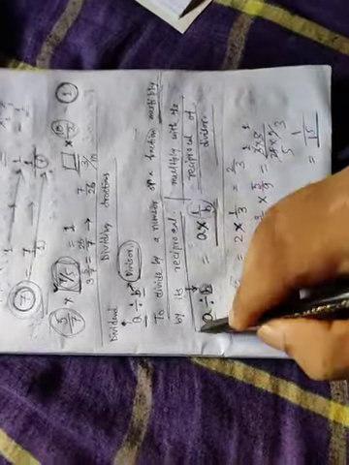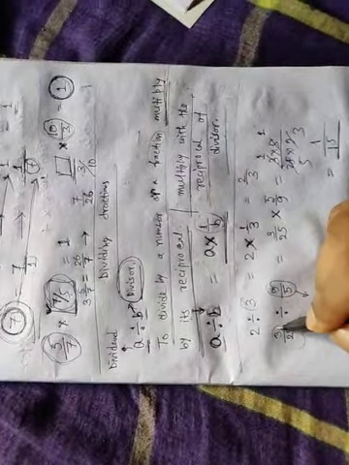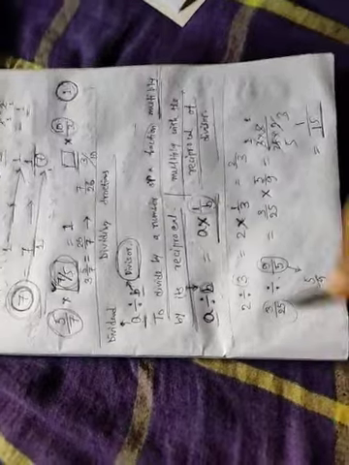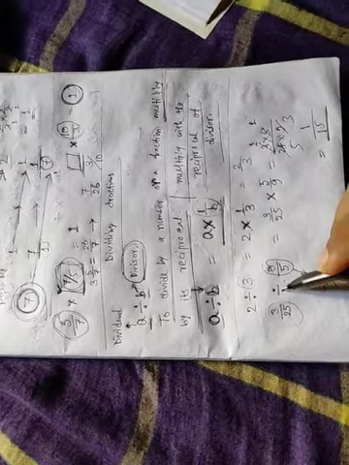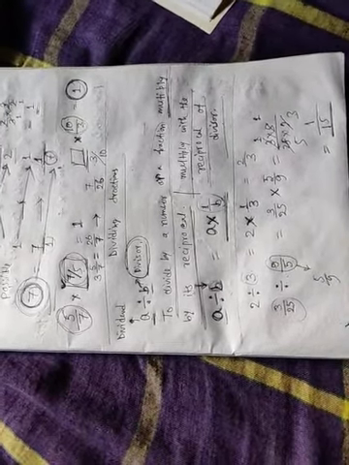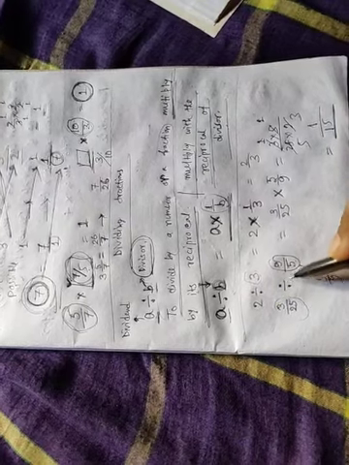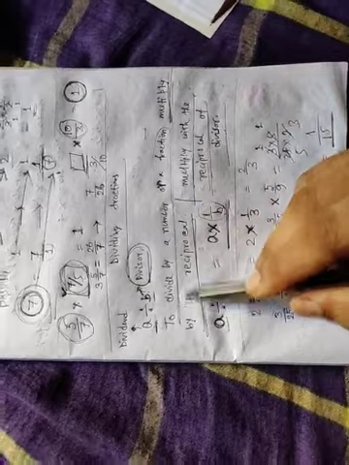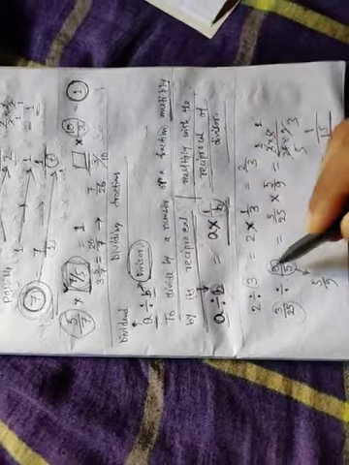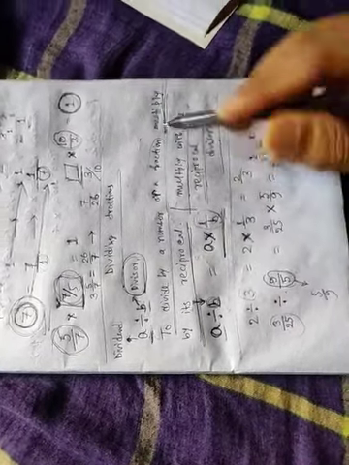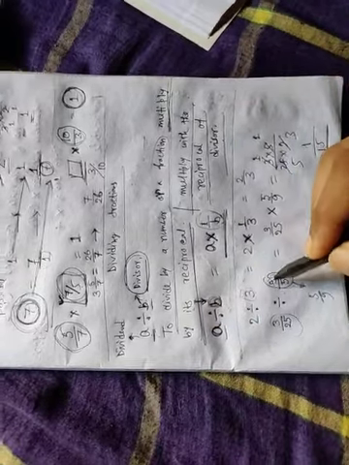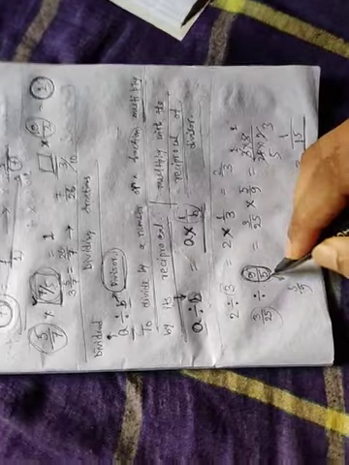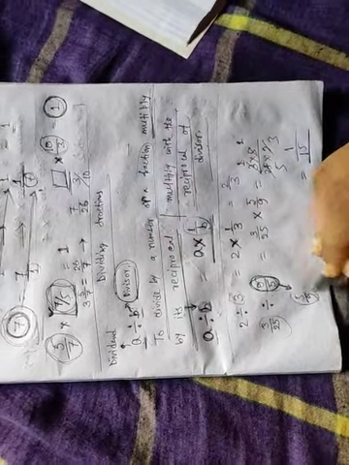See, here I have done this. I am to divide 3 upon 25 by 9 upon 5. So to divide by a number, what is the number here? 9 by 5. Multiply by its reciprocal, the reciprocal of this fraction, which is 5 upon 9.